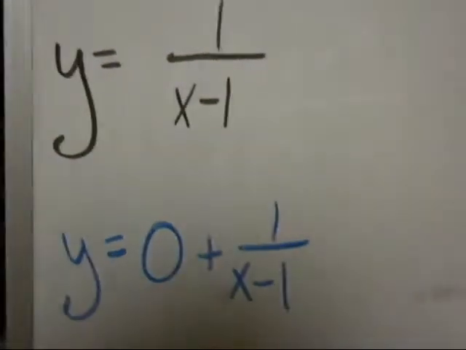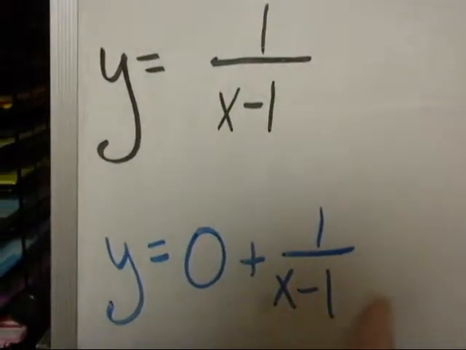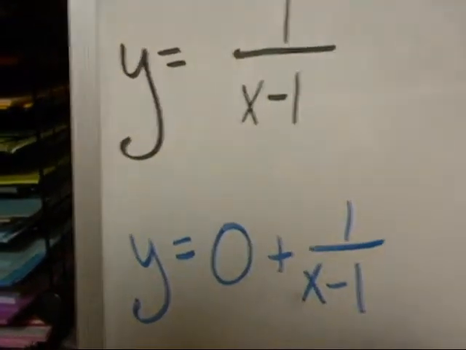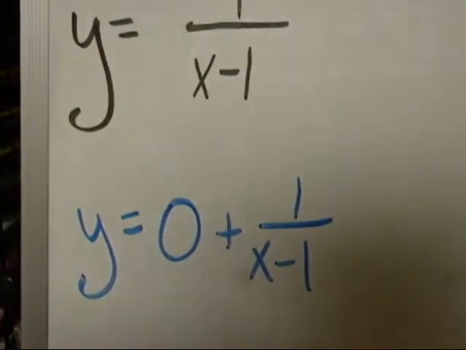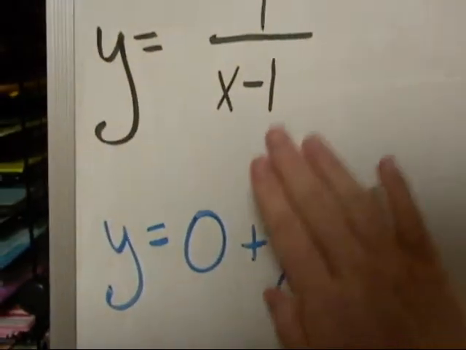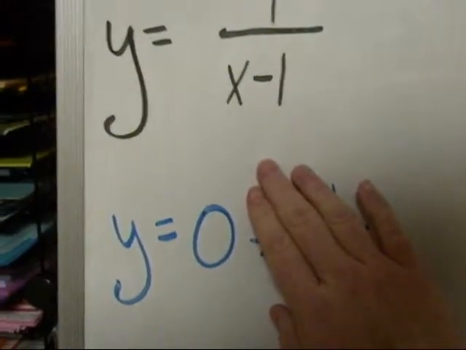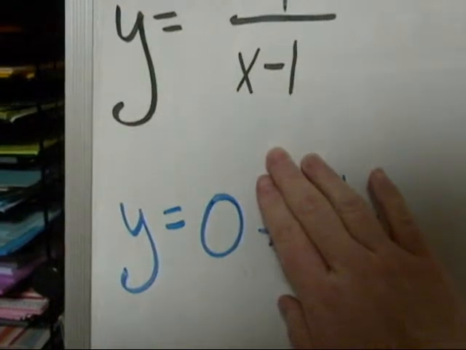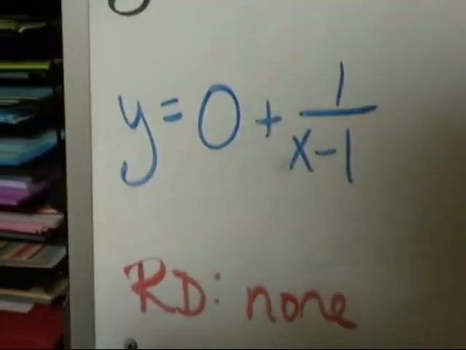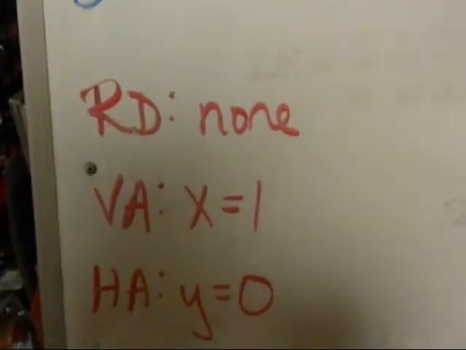The remaining denominator value needs to be set equal to 0, and that tells me that I have a vertical asymptote at x is equal to +1. When I ignore the remainder, I'm given the equation of my line for my horizontal asymptote. So again, there's no removable discontinuity.